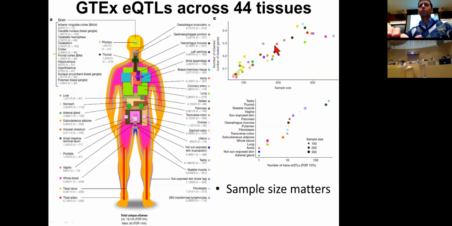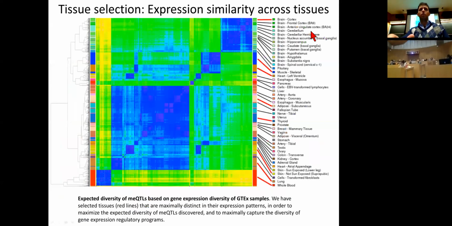Across different tissues, the sample size varies because we can't obtain brain, for example, from as many individuals. So we have fewer brain samples, and it basically means that we discover fewer eQTLs. That's not because brain has less of a genetic effect on gene expression. It's simply because we have fewer samples. So as the sample increases, the number of e-genes continues to increase.